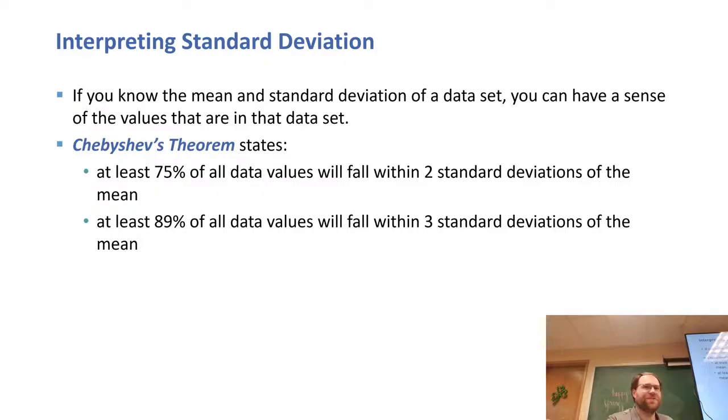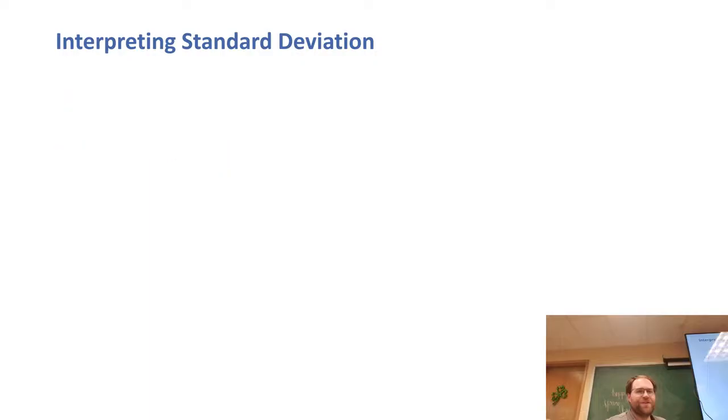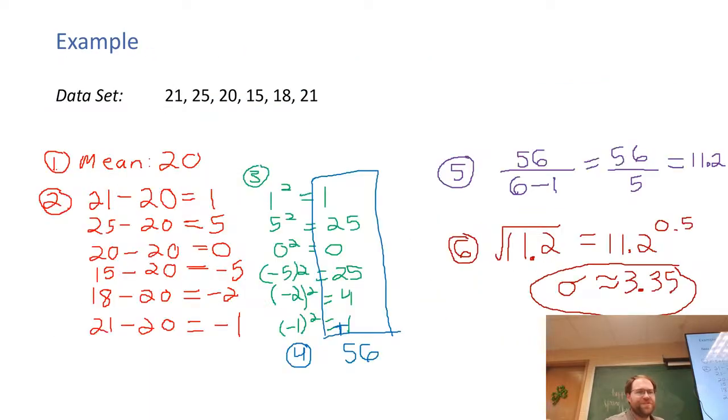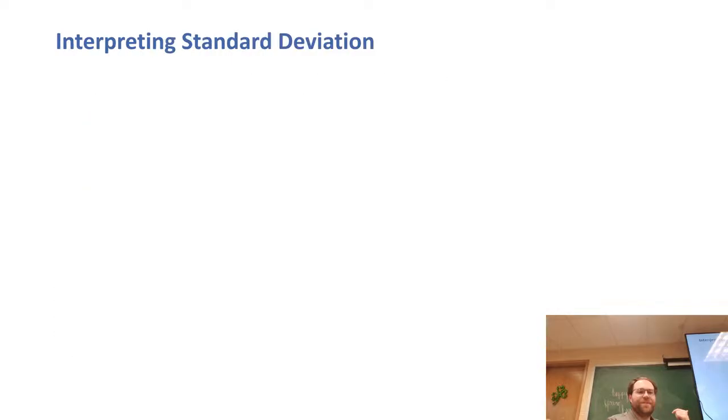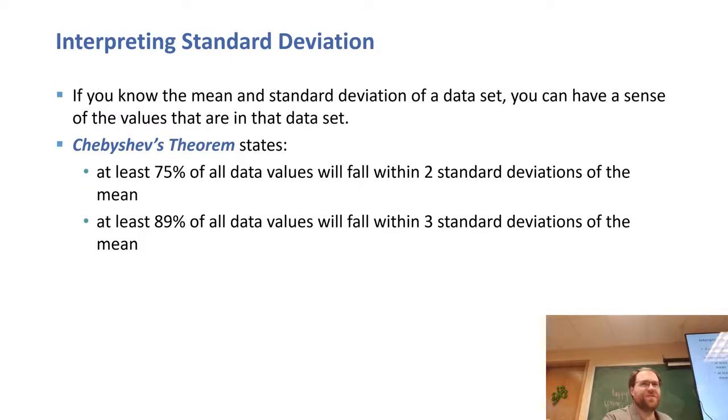But I'll give you an example of what it means here before we look at this. Going back to the standard deviation example that we did here, we figured out that it was 3.35, right? And we figured out that the mean was 20. So I'm just going to take those values real quick, just so you can see what it's talking about here.